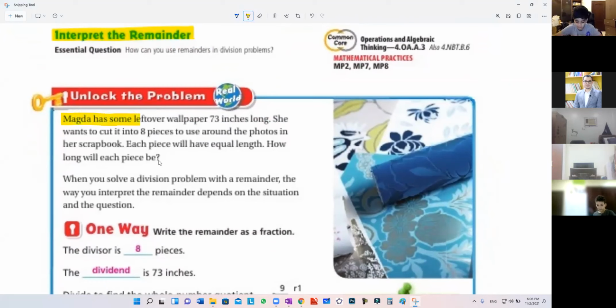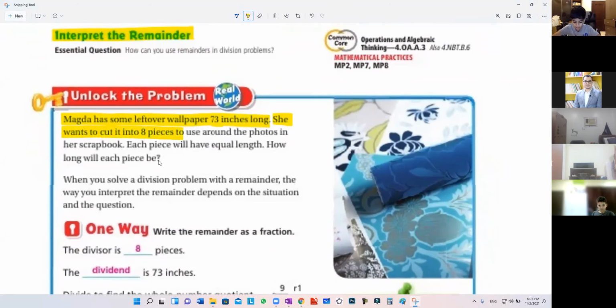Magda has some leftover wallpaper 73 inches long. She wants to cut it into 8 pieces to use around the photos in her scrapbook. Each piece will have equal length. How long will each piece be?